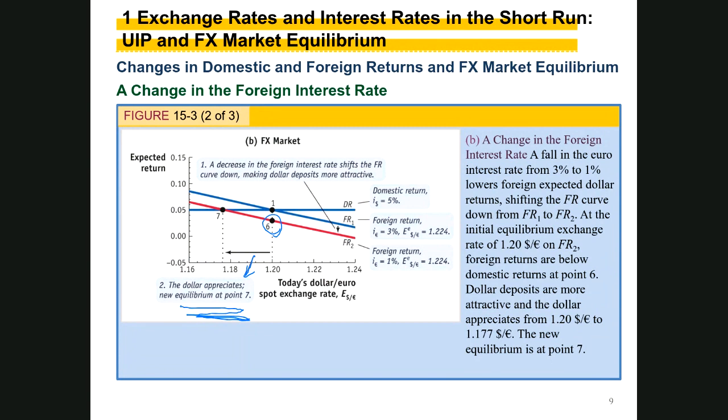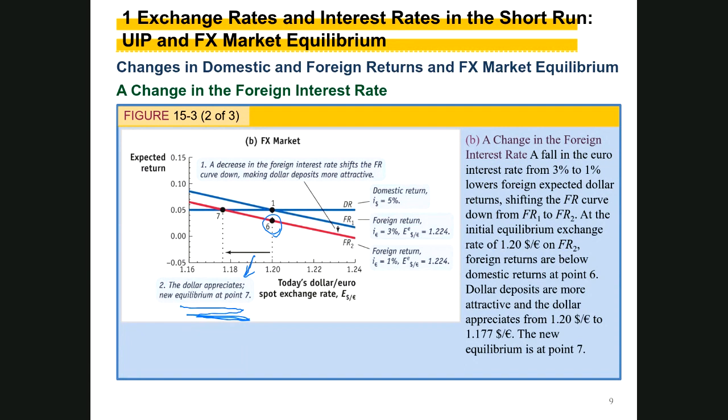Now, either because the domestic interest rate goes up, or because the foreign interest rate goes down, people prefer to hold the asset in terms of the US dollar more so that they can enjoy a higher return, right?